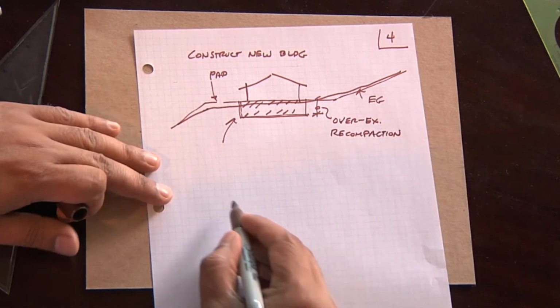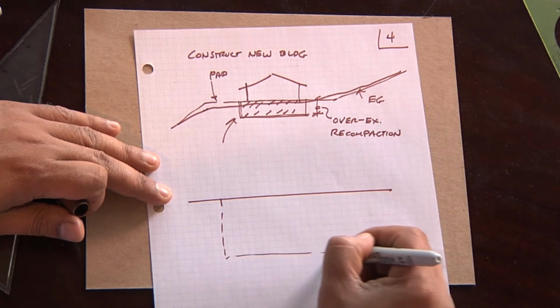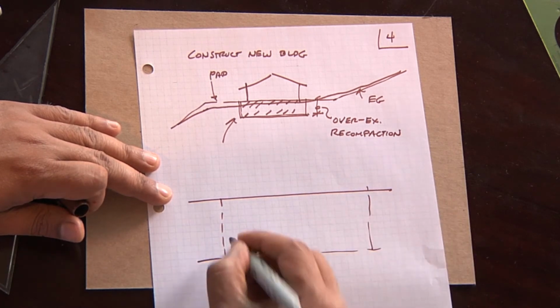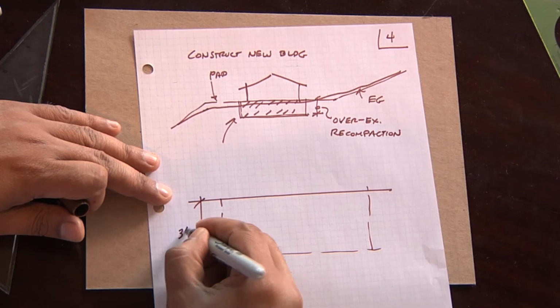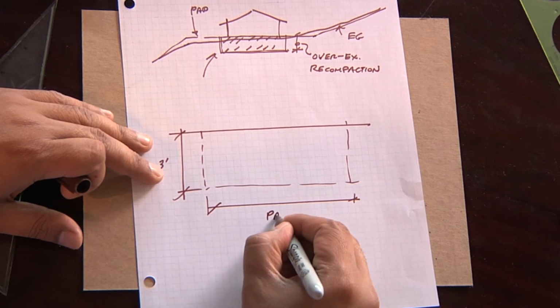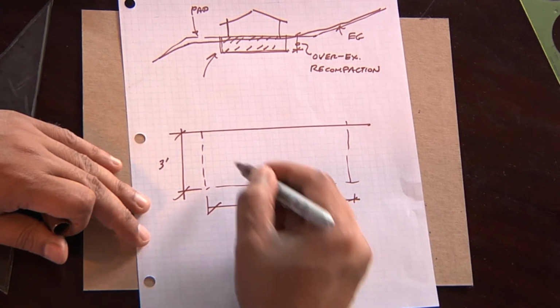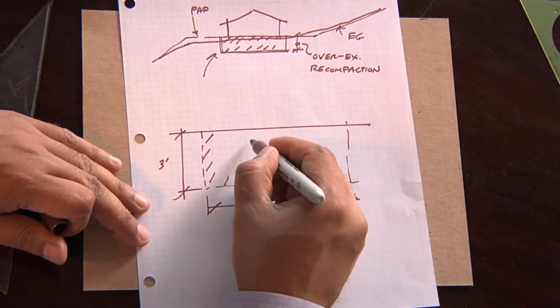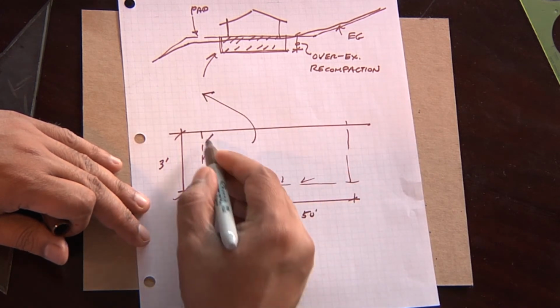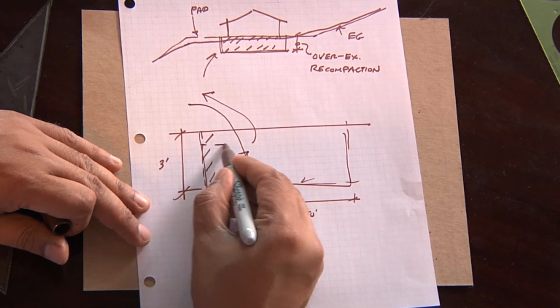What does that mean? It means that I take the dirt, I dig down approximately 3 feet. It varies from soil to soil. Over the area of the pad, let's say that that's 50 feet for talking purposes, I take all this dirt out, I excavate, and then I put it back, but I compact it.